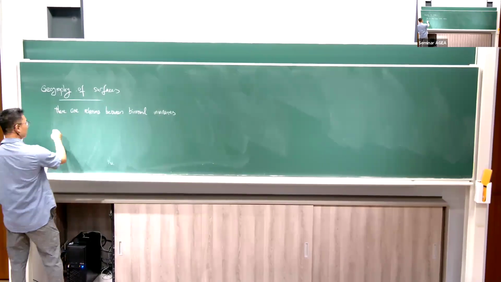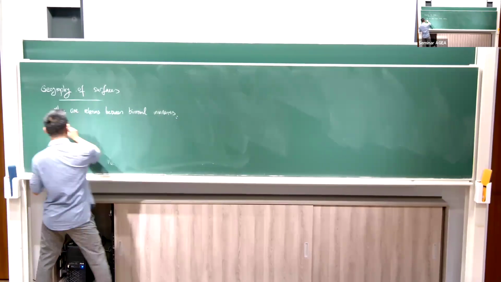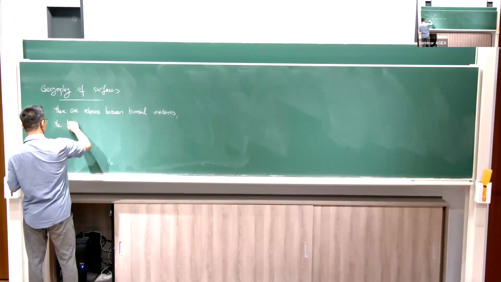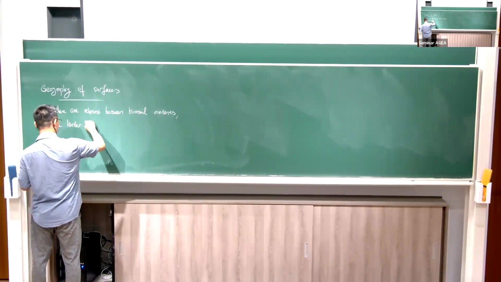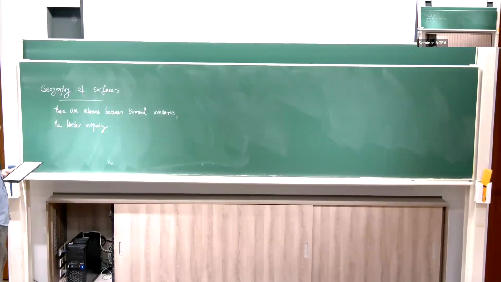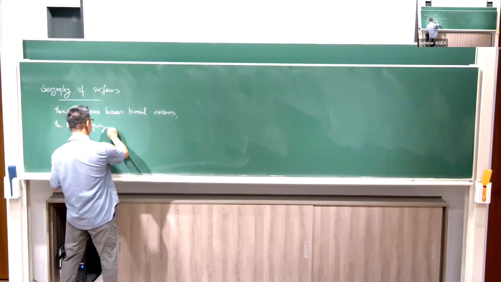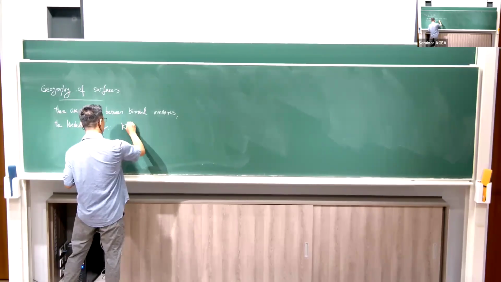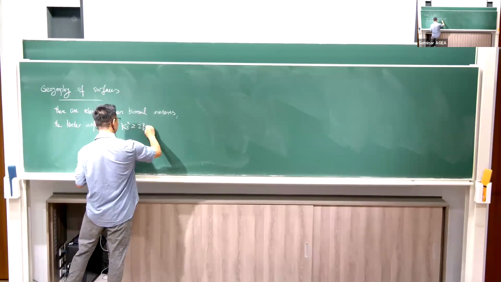So, for example, we have the Noether inequality. This Noether inequality says that the volume of a surface is at least 2p_g minus 4.